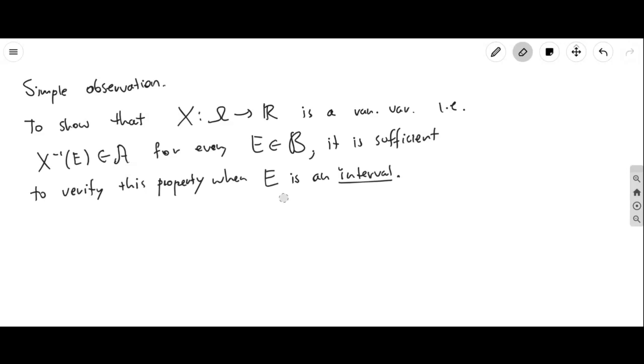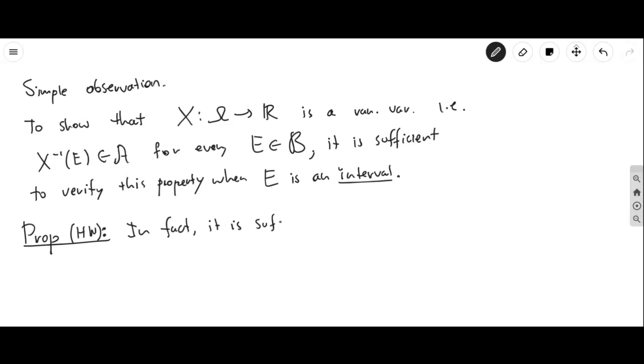Because if you can prove it for intervals, then it will mean it's true for unions of intervals, and then for intersections of intervals, and then all of that. So that's why you can just assume that E is an interval, and you make it easier upon yourself. And this is going to be a homework problem. I'm going to write this as a proposition. I'll put it on the homework, and you can prove it. It's not difficult.